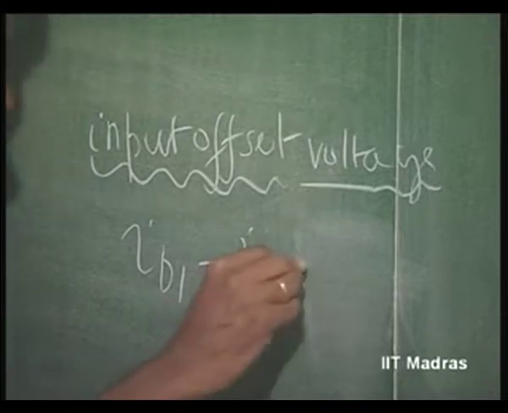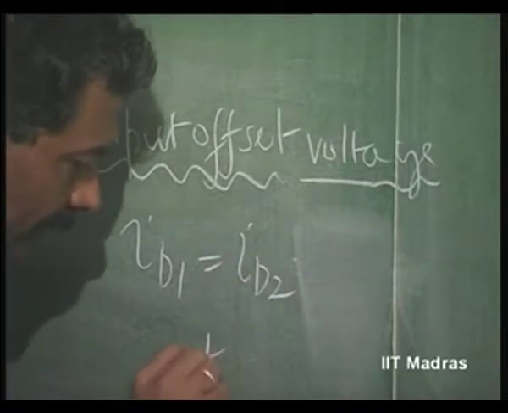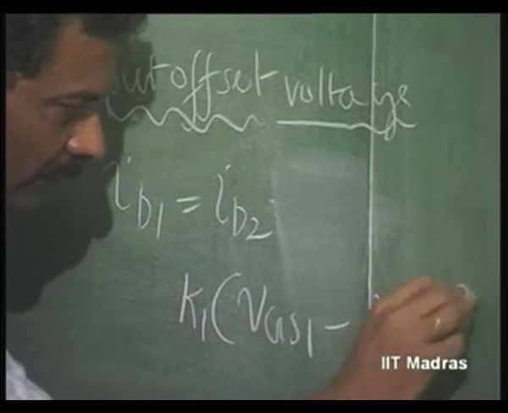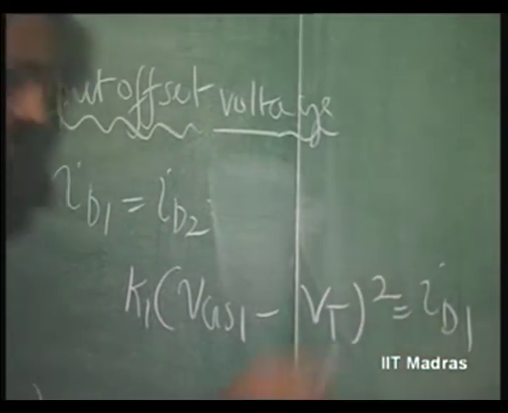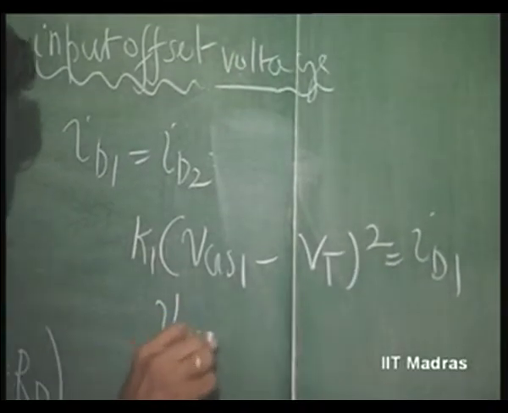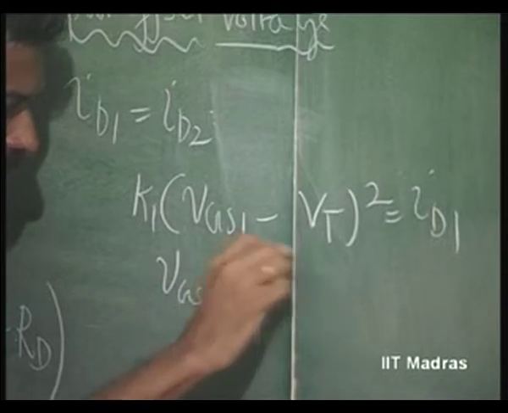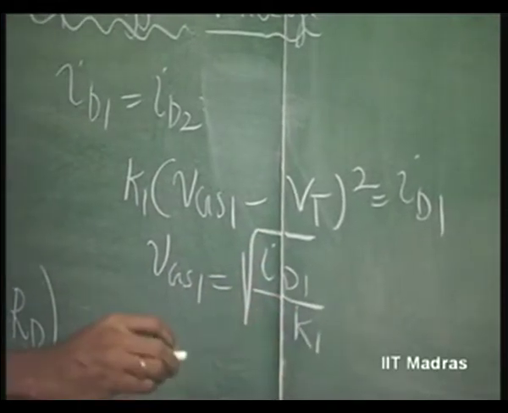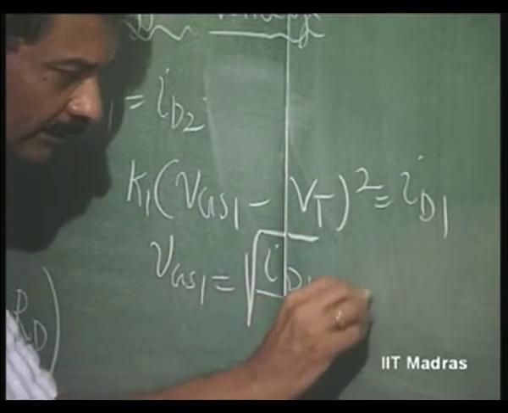Under this situation, we have K1 into VGS1 minus VT whole squared equal to ID1, or VGS1 is equal to root of ID1 by K1 plus VT.